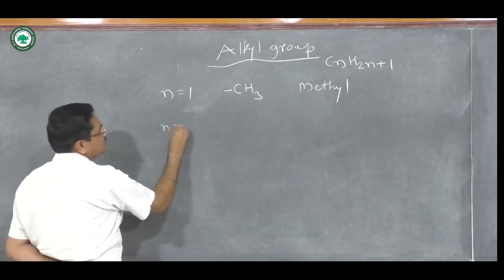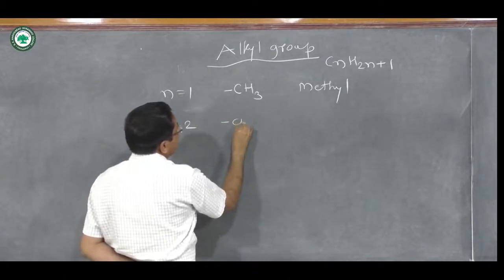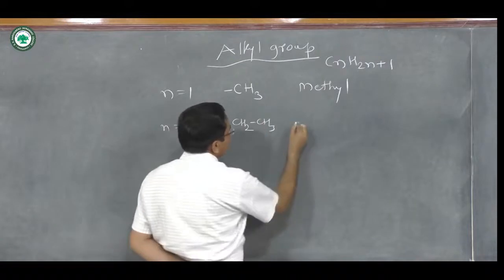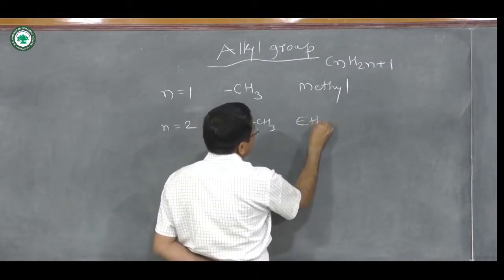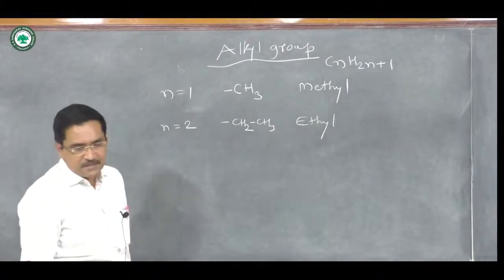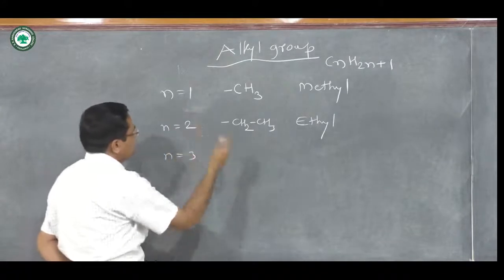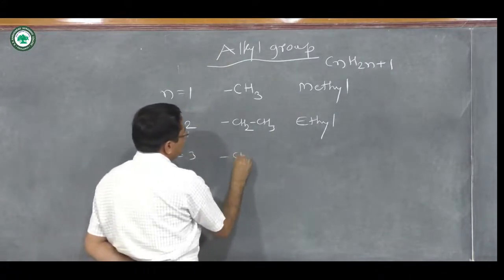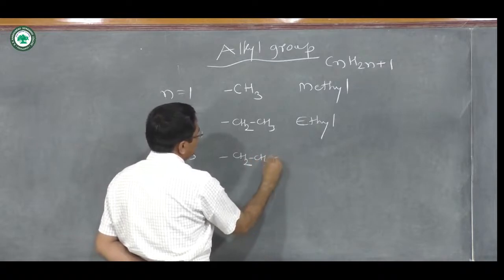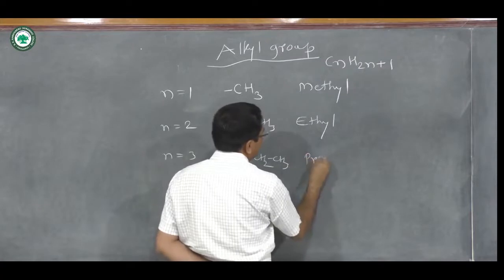So n equals 2, then CH2 CH3, such group is called ethyl group. And n equals 3, then CH2 and CH3. This is called propyl group.